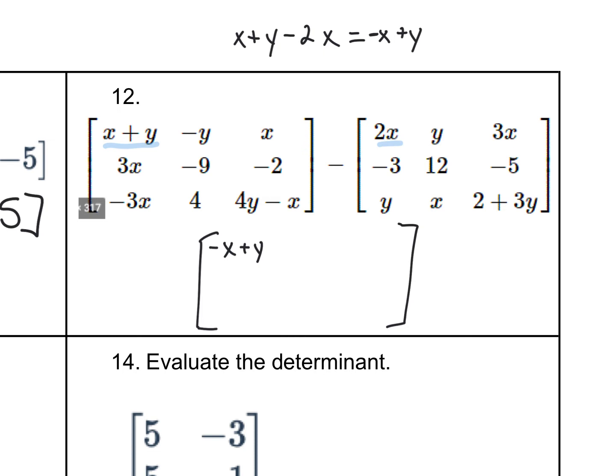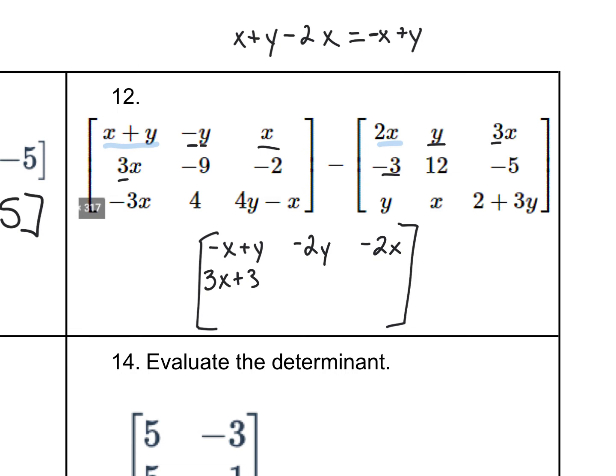Okay, so I'm going to go kind of quick through the others, just because we should know how to combine like terms by now. So if we do negative y minus y, negative 2y, x minus 3x, negative 2x, 3x minus negative 3, yep, 3 plus 3x or 3x plus 3, whichever. A minus negative 3 becomes a plus 3, and those are not like terms.